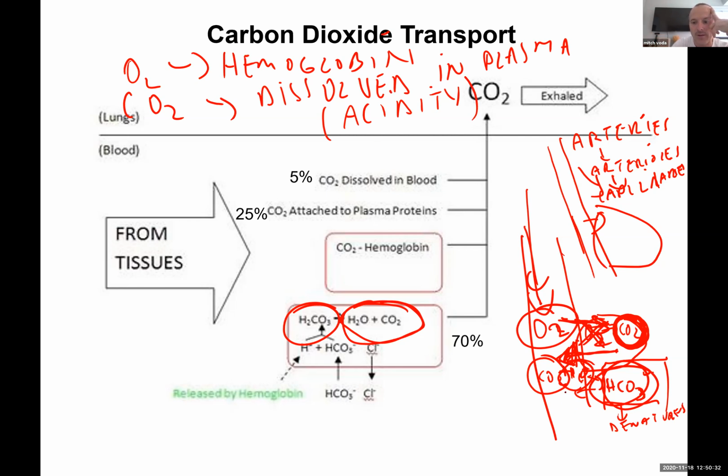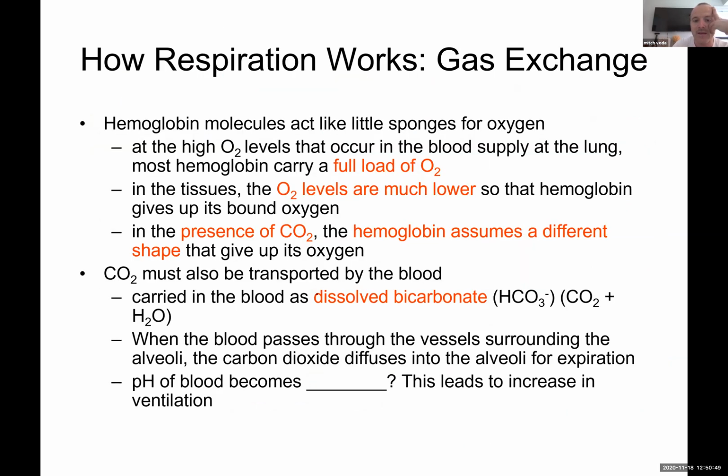Now, this blood from the cells travels back to the heart, where it's going to be pumped to the lungs. Now, breathing rate depends on the amount of carbon dioxide dissolved in the blood.